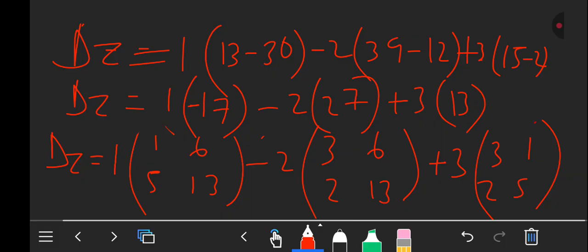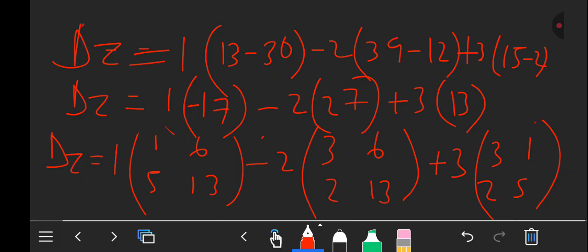So negative 17 minus 2 multiplied by 27, that is 54, then plus 3 multiplied by 13.